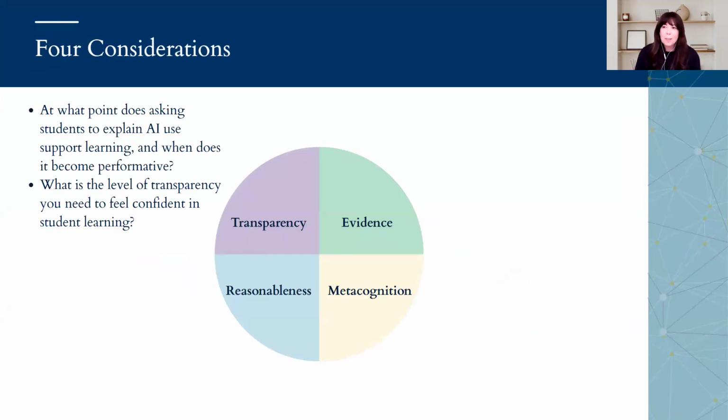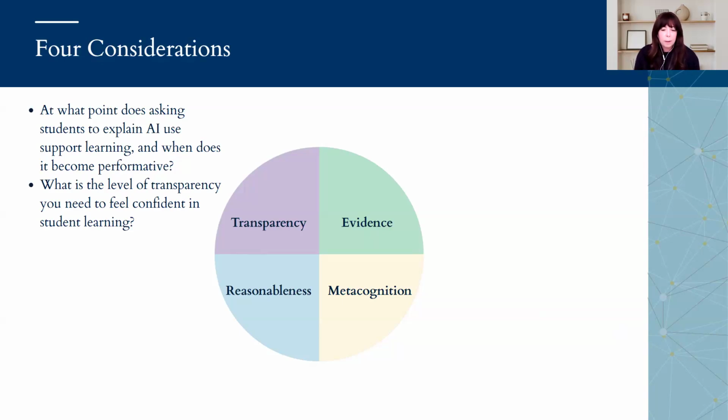On the transparency conversation, behind the scenes Laura and I were talking about, I should have put it in the chat, that Wiley has recently introduced publisher guidelines for AI use, and they are really excessive for the way that authors have to disclose AI in their writing process. So it got us thinking about what transparency looks like on a spectrum of utility versus becoming overly burdensome.